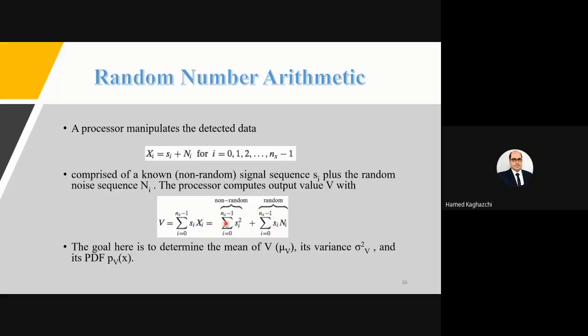So our goal here is determining the mean of the output, the variance of the output, and the probability density function, PV of x. What we want to learn is that we want to determine the mean of V, variance, and probability density function.